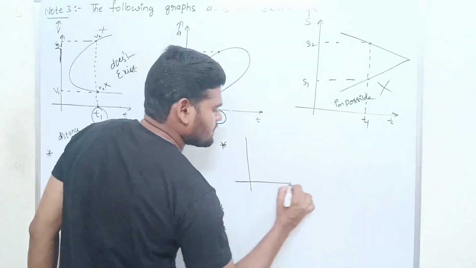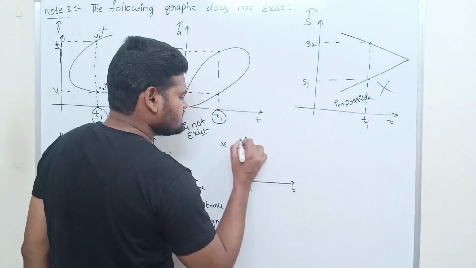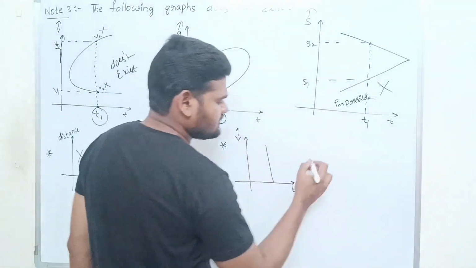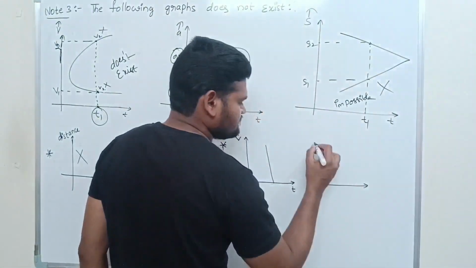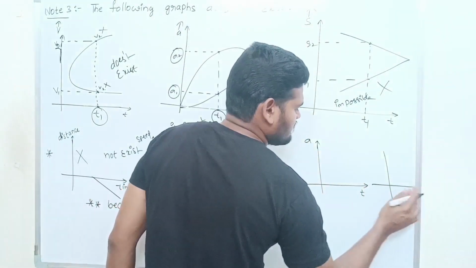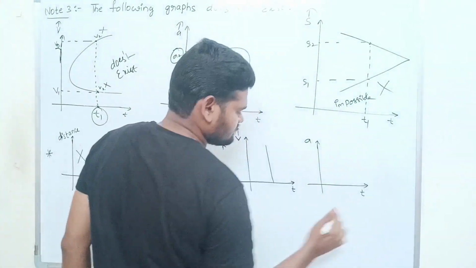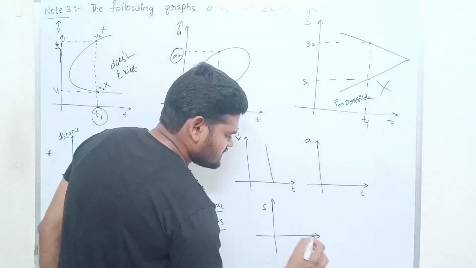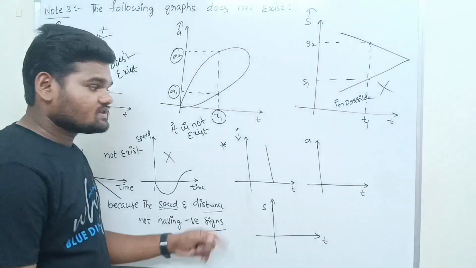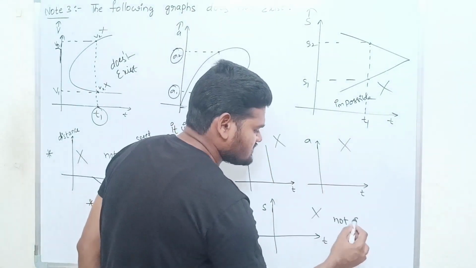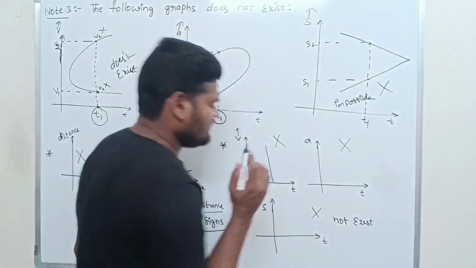Okay, this is time and this is velocity, and the graph is like this. Or if we take time versus acceleration, or if we take displacement versus time, these graphs also do not exist. Why?